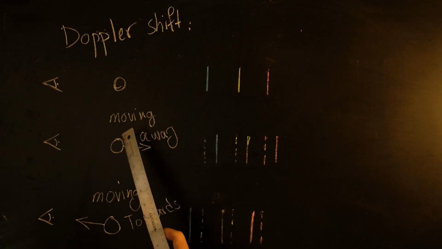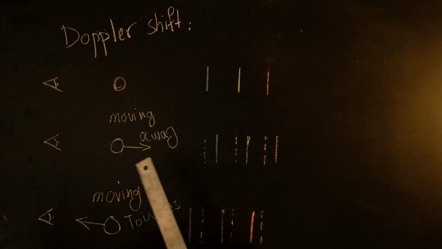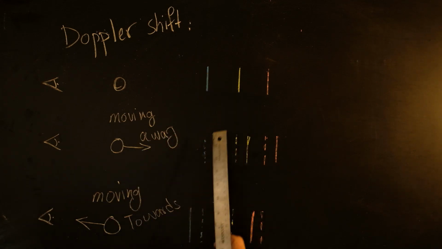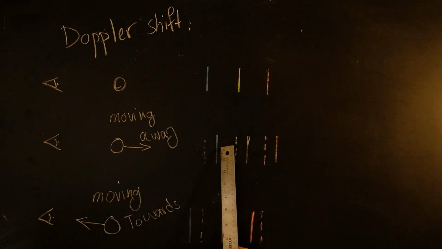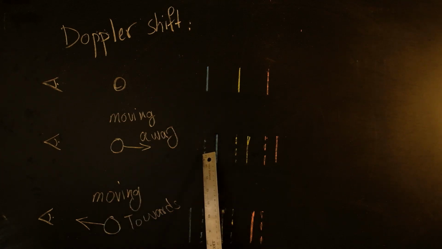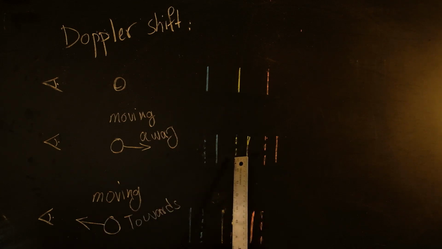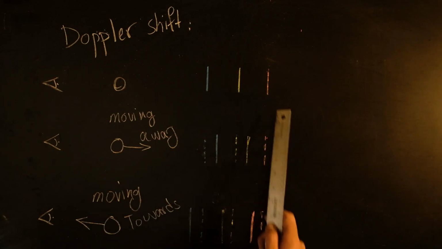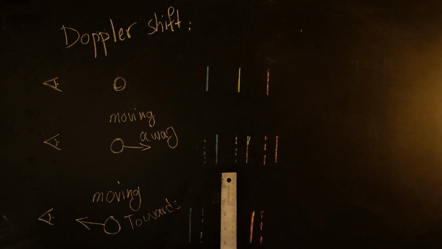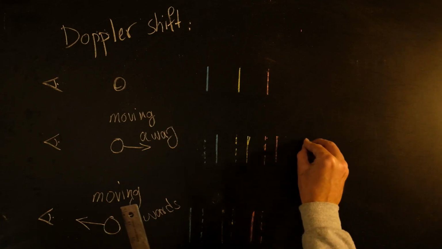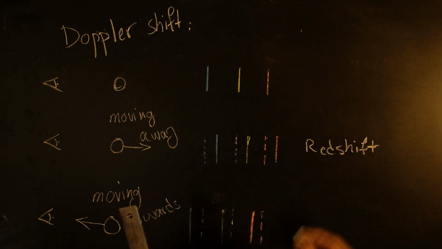If it starts moving away, the wavelengths will stretch. So it means all lines will move towards red. Okay, so this blue is supposed to be here, but is shifted towards red. This yellow is supposed to be here, but it's shifted towards red. This red is supposed to be here, but it's shifted. Okay, so this is called redshift.